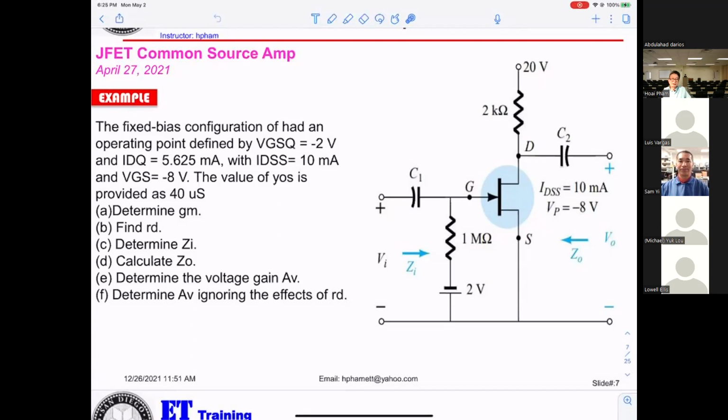So the first question is, they want to know what the GM equals. What is the GM formula? Remember the formula for the GM. What GM equals?